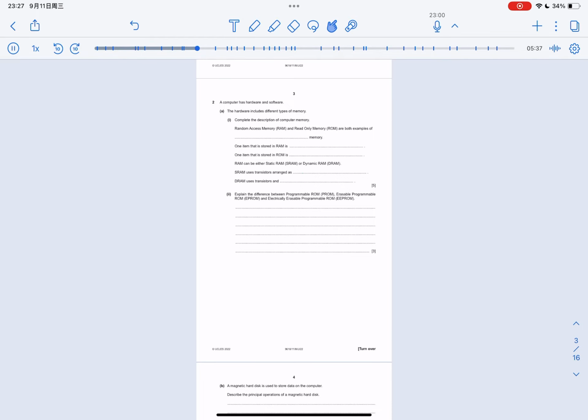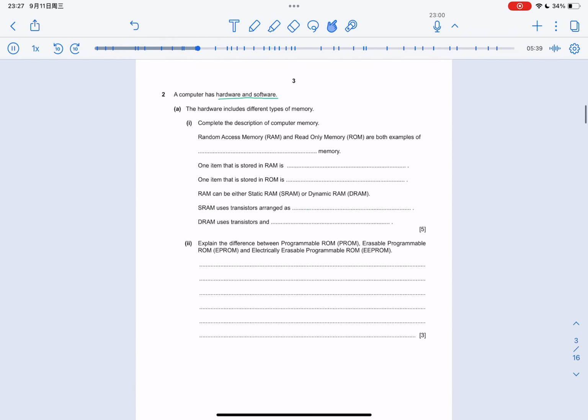So question 2 is about the hardware and software. They say, complete the description for computer memory. Random access memory (RAM) and read-only memory (ROM) are both examples of primary memory. Why is it primary memory?